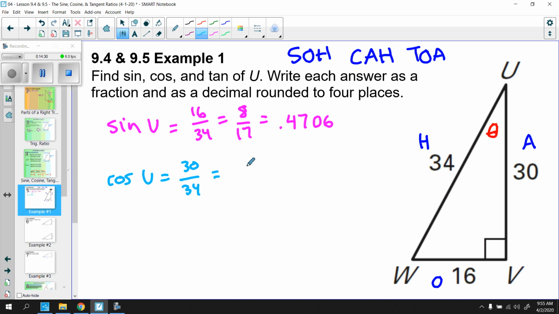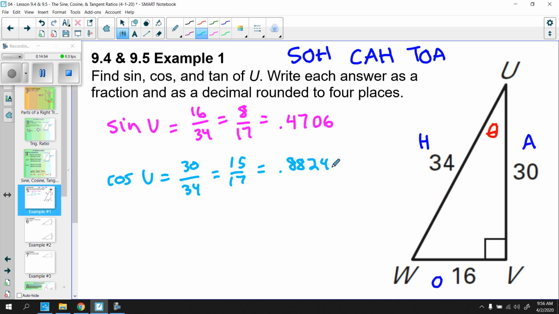Let's reduce it. 30 over 34 reduces to 15/17, which if I divide it, I get 0.8824 if I round accurately.